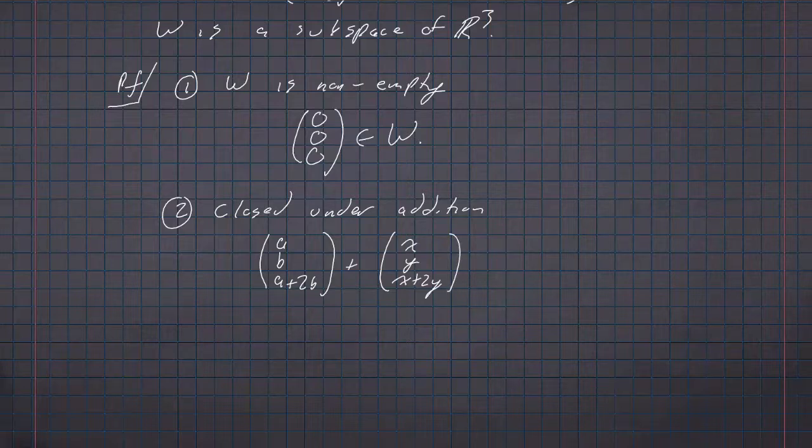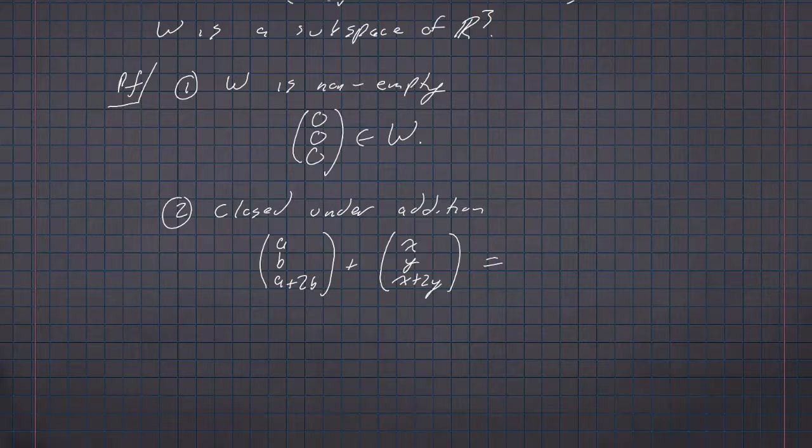So pick two vectors, right? Pick x equals a, y equals b. The third coordinate must be a plus 2b. That's the definition of W. Likewise, pick any x, pick any y. The third coordinate must be x plus 2y.